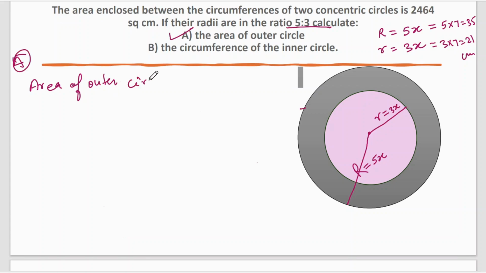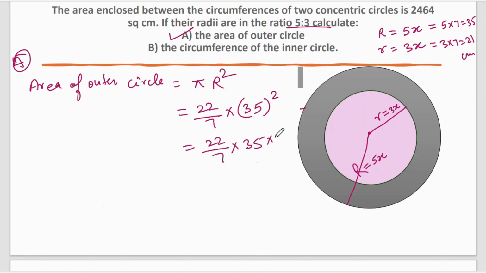What is the formula? Pi R square. So it is 22 by 7, and capital R is 35, so 35 square. You can solve this: 22 by 7 into 35 into 35. 5 times, so it is 22 into 5 into 35, and 110 into 35 can be written as 3850, and the unit is square, so it is centimeter square. So I got the answer for the area of the outer circle.